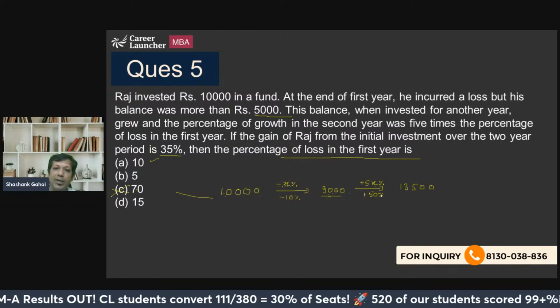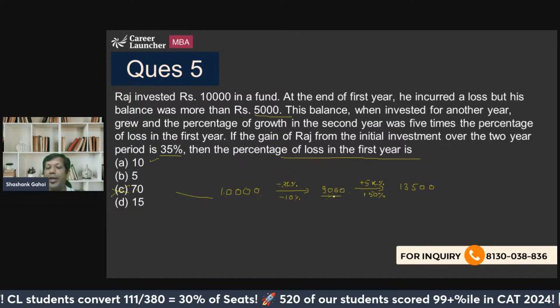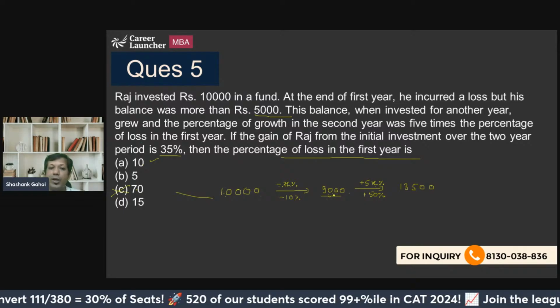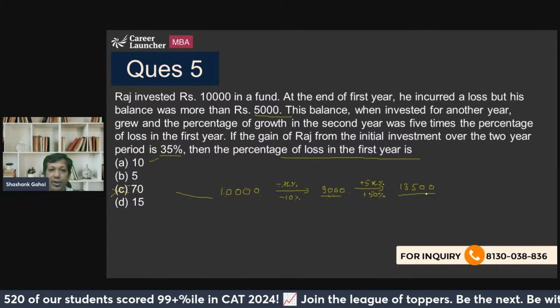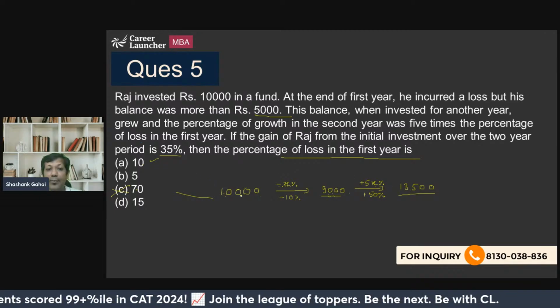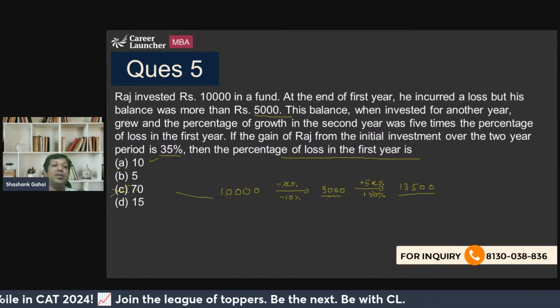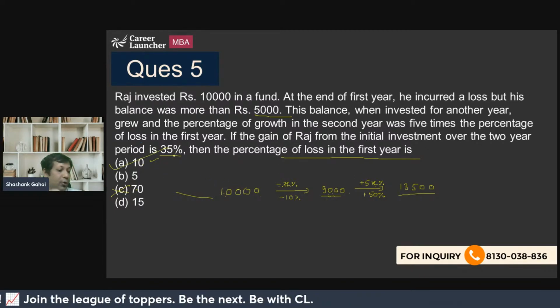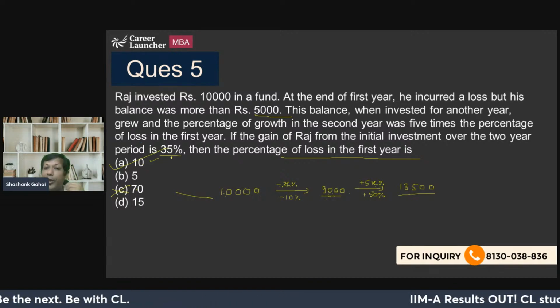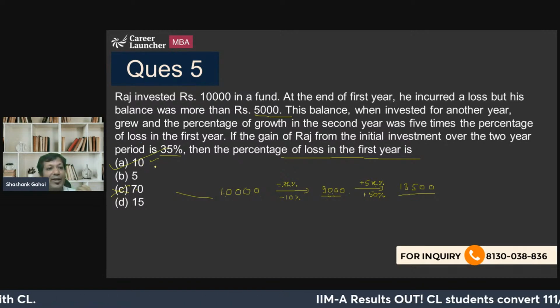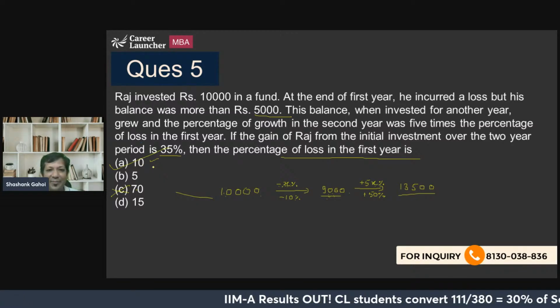So 50% increase. So 50% of 9,000 is 4,500. So 9,000 plus 4,500 gives you 13,500. So basically, every value matches with this. So my answer is directly going to be option A, and I don't need to look for any other option. So it is simply going to be option A.